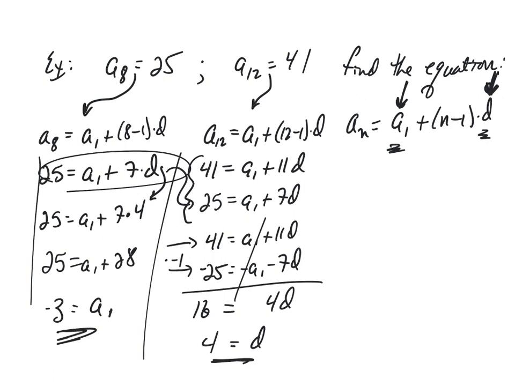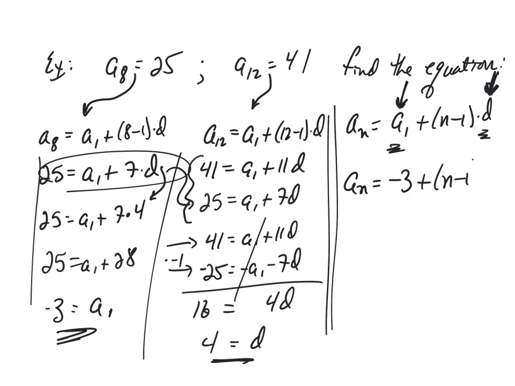So now, after all of that work, I can go back to where I first wrote down my formula, a sub n equals a sub 1 plus n minus 1 times d, and replace, just as we did on the previous example, a1 with what it's equal to, and d with what it's equal to. Again, a little bit of simplifying.